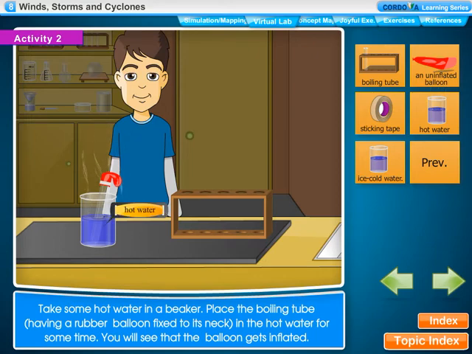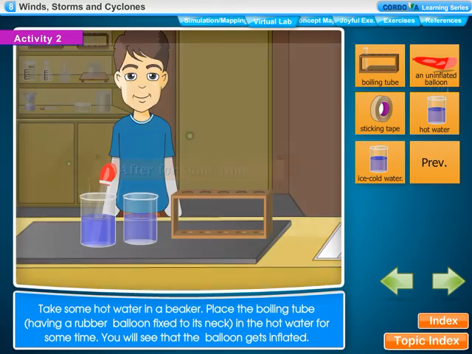We take some hot water in a beaker. Place the boiling tube having a rubber balloon fixed to its neck in the hot water for some time. We will see that the balloon gets inflated.